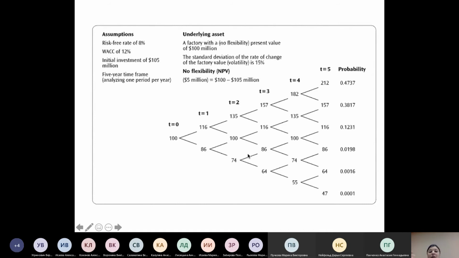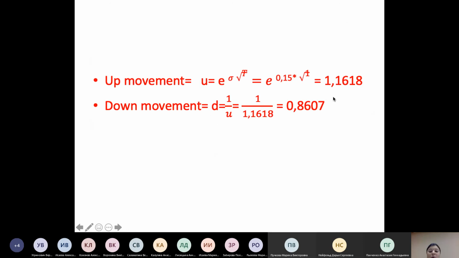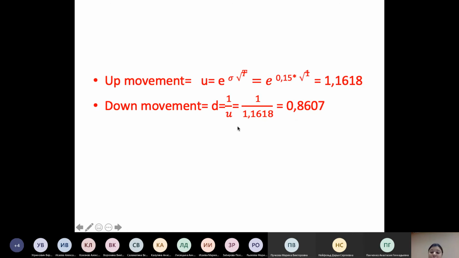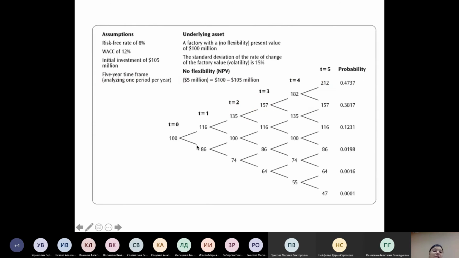And it will be the same value as the increase from our bad scenario, 86. And for the period of 5 years, you add the parameter of growth. You multiply, for example, 116 multiplied by 1.1618, you'll receive 135. Or you multiply by 0.86 and you'll receive 100. The same situation with our 86 multiplied by 1.16 or 86 multiplied by 0.86.